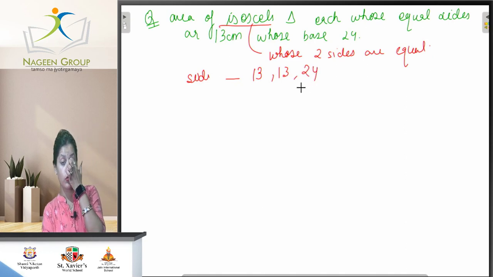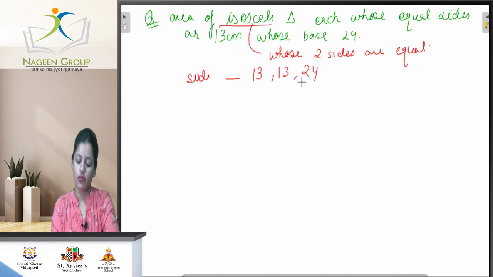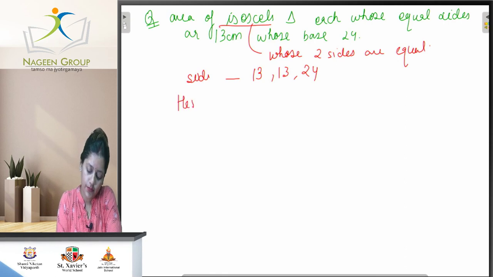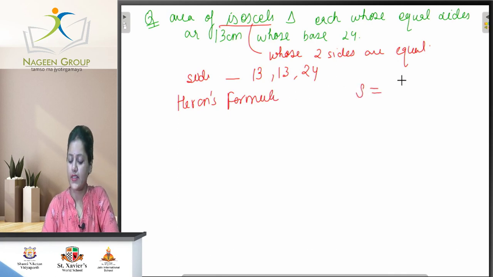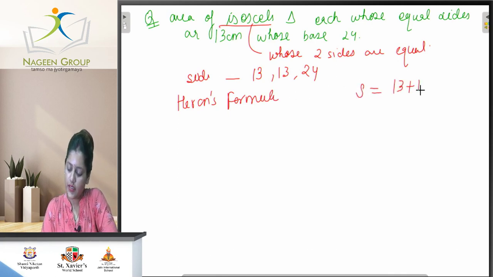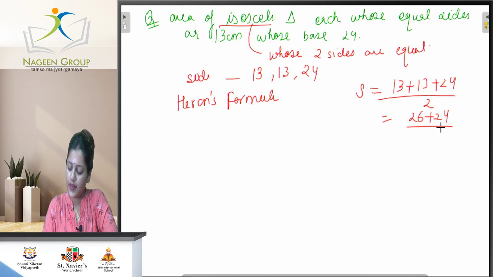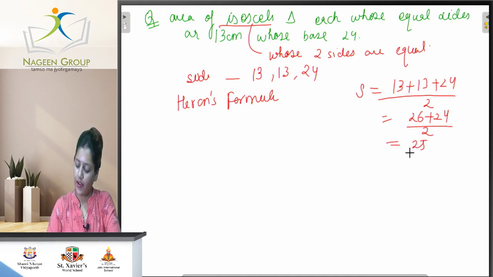Now which formula do you have to use here? Heron's formula. So first you have to find S, that is 13 plus 13 plus 24 by 2, that is 26 plus 24 by 2, that is 50 by 2, 25.